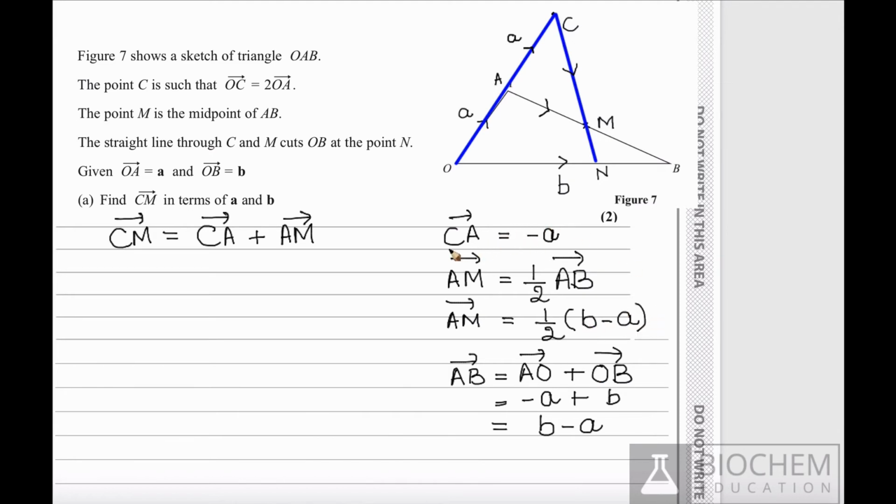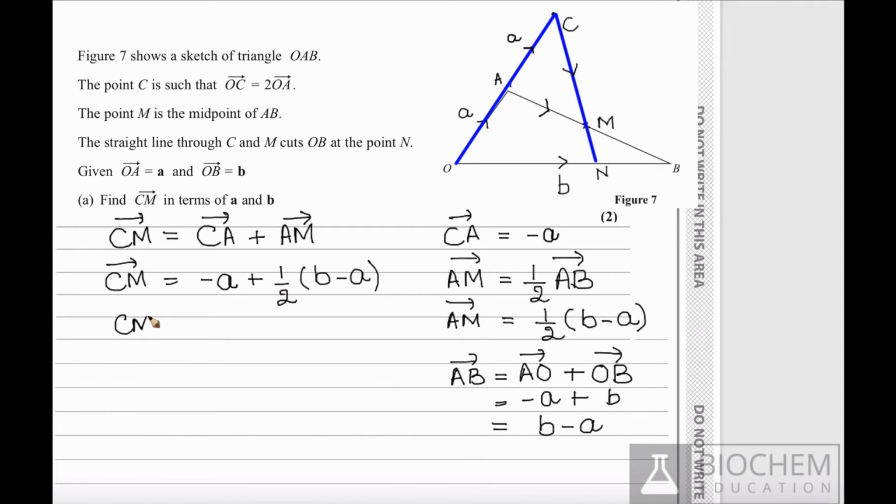So now we can substitute CA and AM vectors into this equation in order to calculate CM. So CM vector equals CA vector, which is negative a, plus AM vector, which is half times (b minus a). Now let's multiply this half inside, and what would you get?